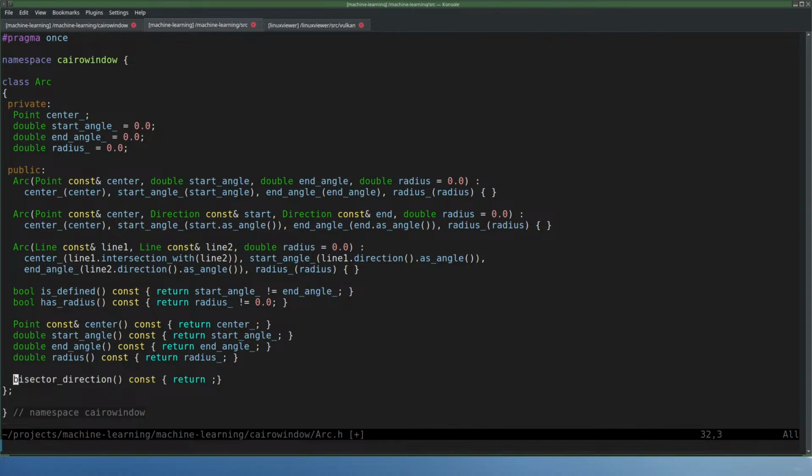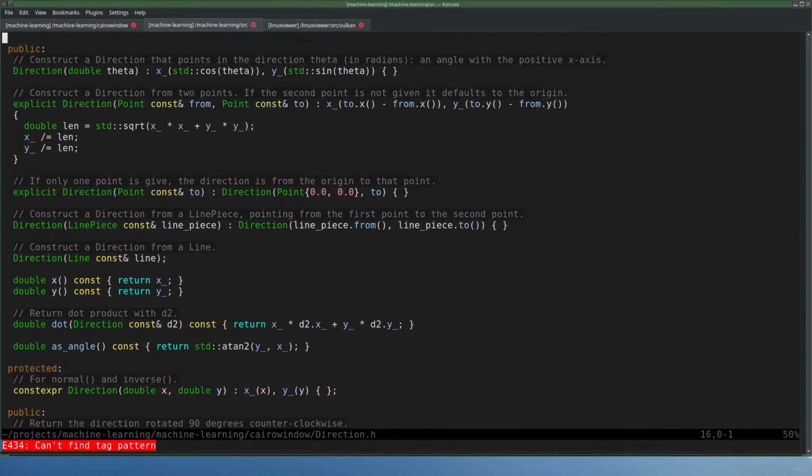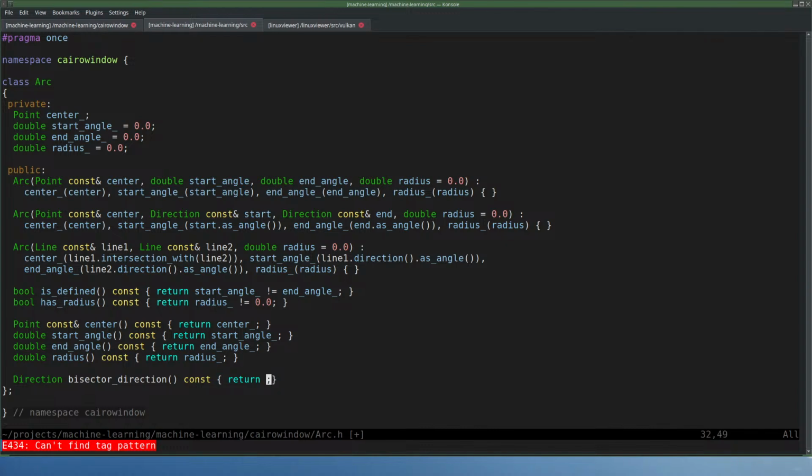Don't even have directions. Well, that doesn't matter because we can create a direction from an angle. So I'm just going to construct a direction from the start angle plus the end angle divided by 2.